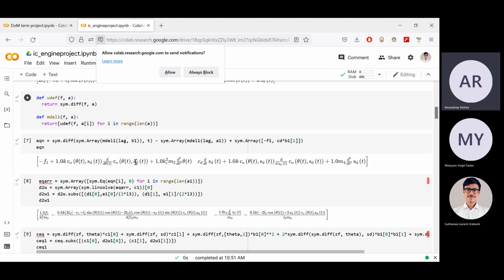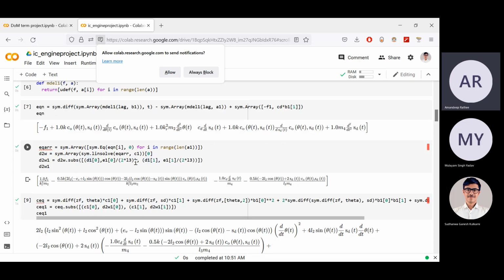After this, we have created our equation. That equation is the equation of motion which the slider will follow along with theta, which will be time dependent. These time dependent quantities are shown here, and equating them to zero will show us the equation part.